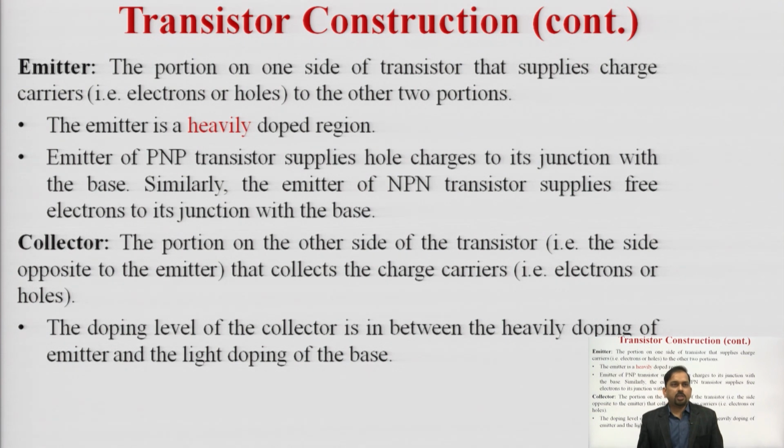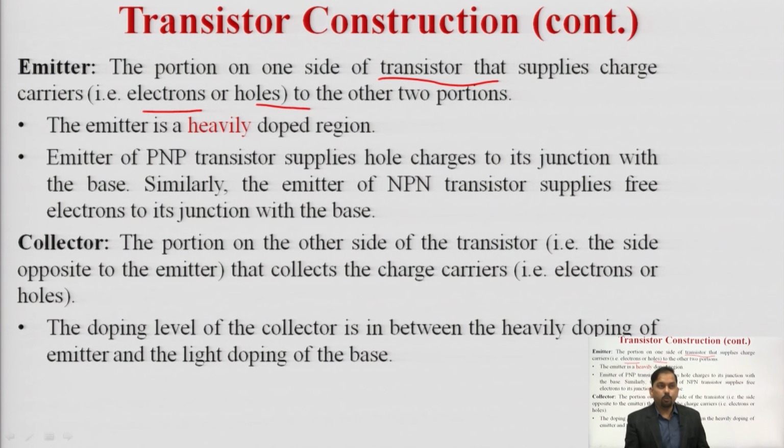So, in the construction we have the emitter first, the emitter terminal, which is the most important terminal. This emitter terminal basically contains the charge carriers, either electrons or holes.